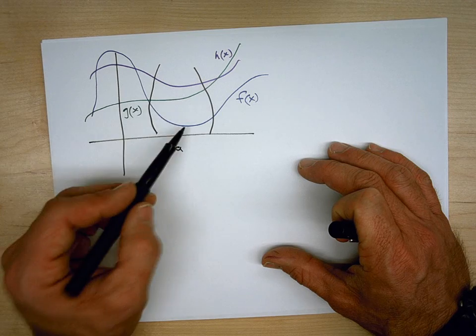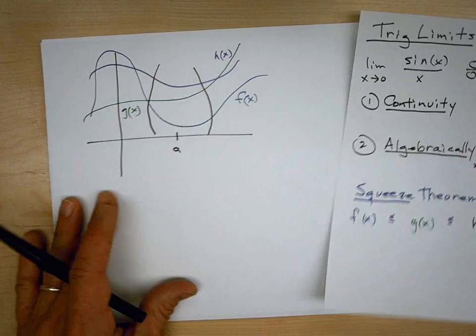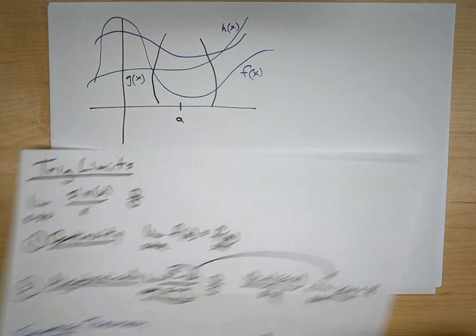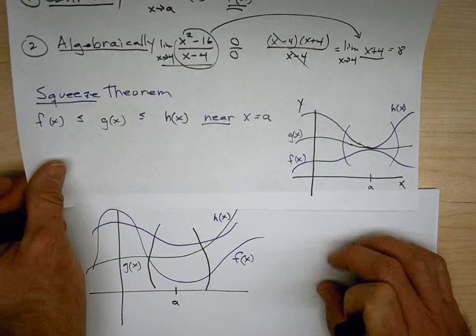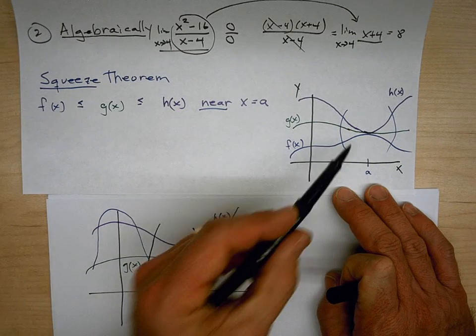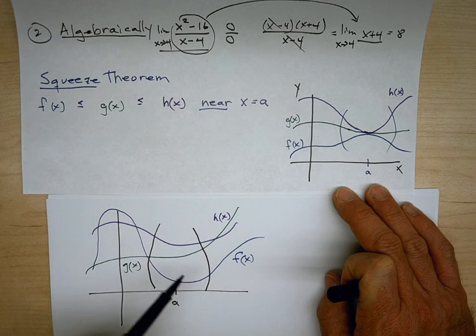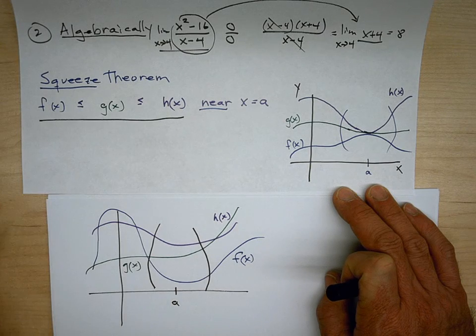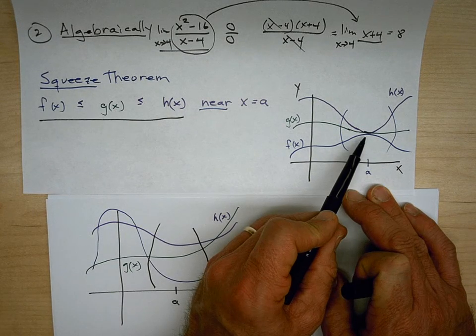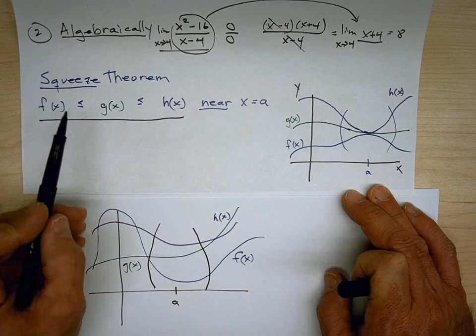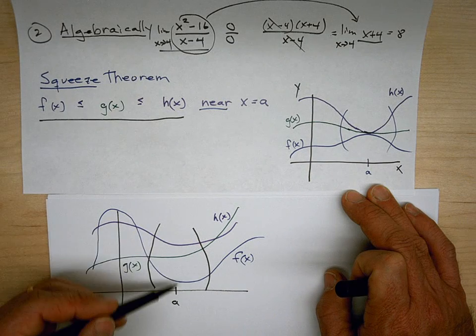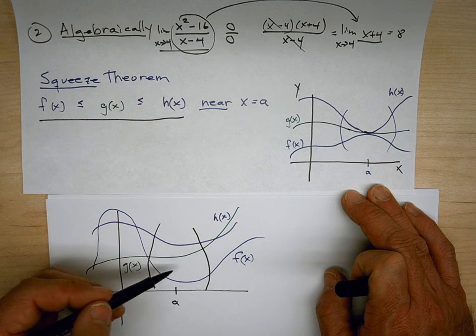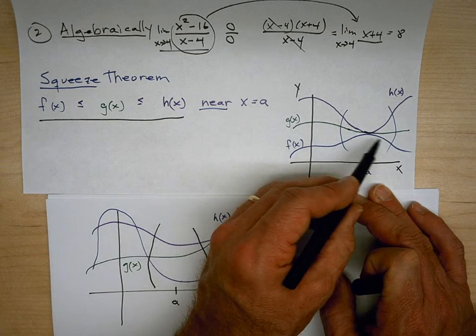All right. So both of these graphs, see if I can fit them both on here. I guess I'd have to do it this way, right? Notice that both of these graphs satisfy this relationship. We're going to need this situation, though, in order for the Squeeze Theorem to work. It's not good enough just that H is bigger than G, which is bigger than F. They need to kind of all come together here.